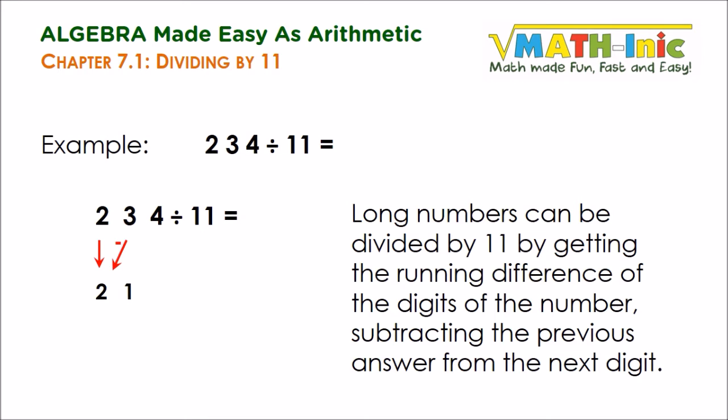So we're subtracting our answer, our difference, from the number on the right. The last difference would be the remainder. 4 minus 1 is 3. So it's 21, remainder 3. 234 divided by 11 is 21, remainder 3.